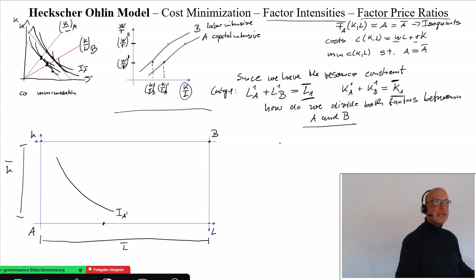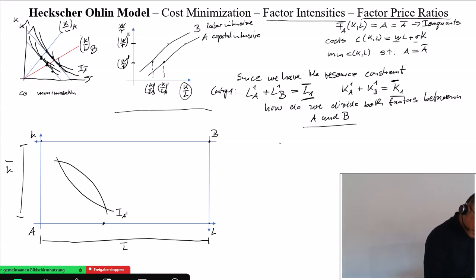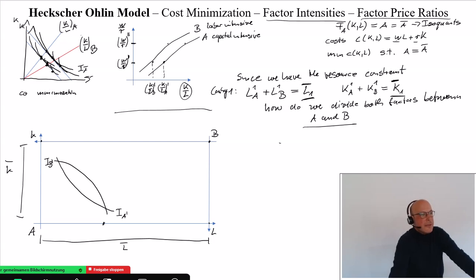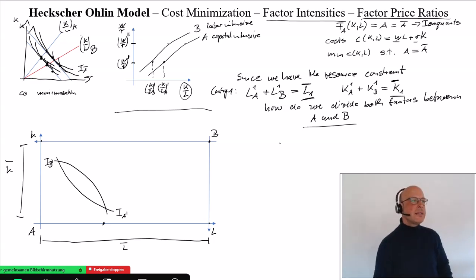If we draw now the same picture, an isoquant for product B, then we could say, okay, given some amount, let's say 5 units of B, this would be here an isoquant for B. And now we can ask ourselves, what would be an optimal combination using all resources in our economy?